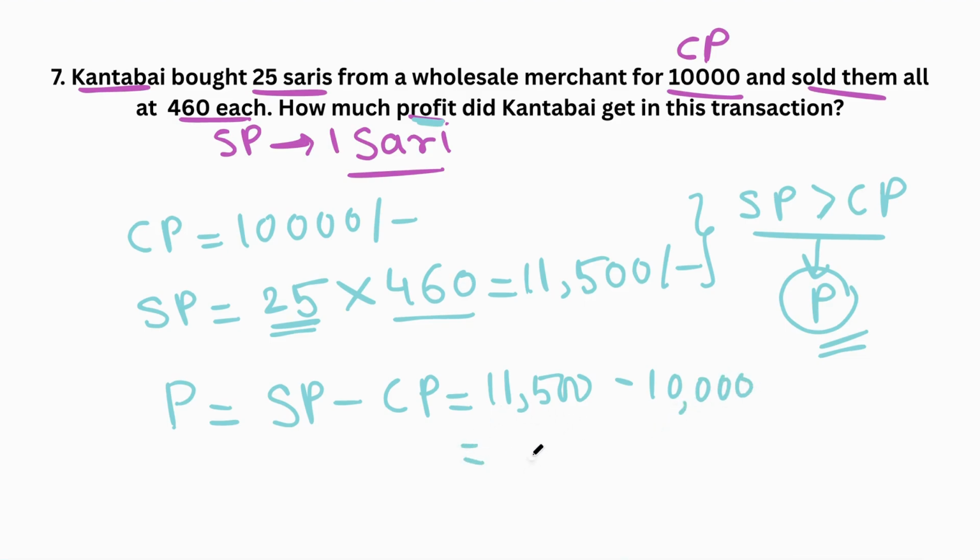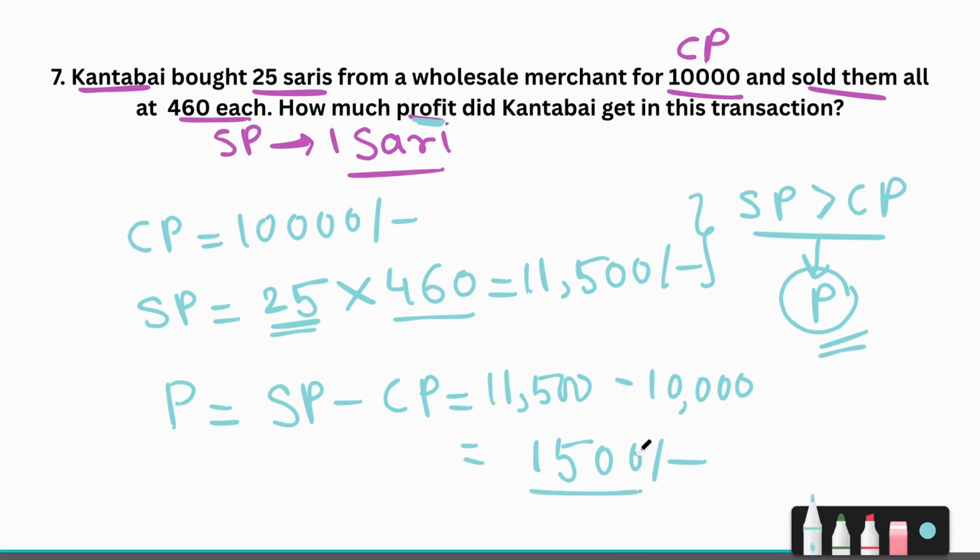So after subtracting this, we will be getting an answer of 1,500 rupees. That means the lady Kantabai got a profit of how much rupees?